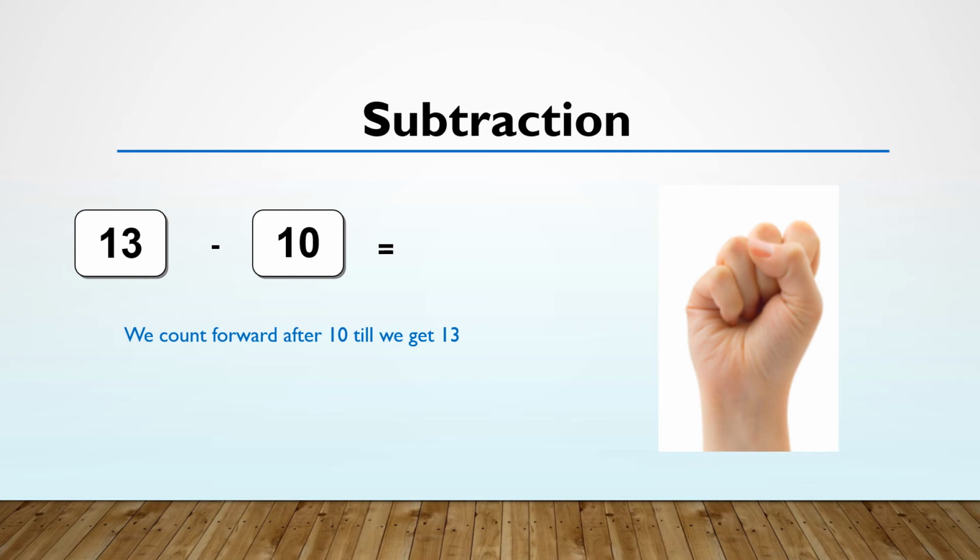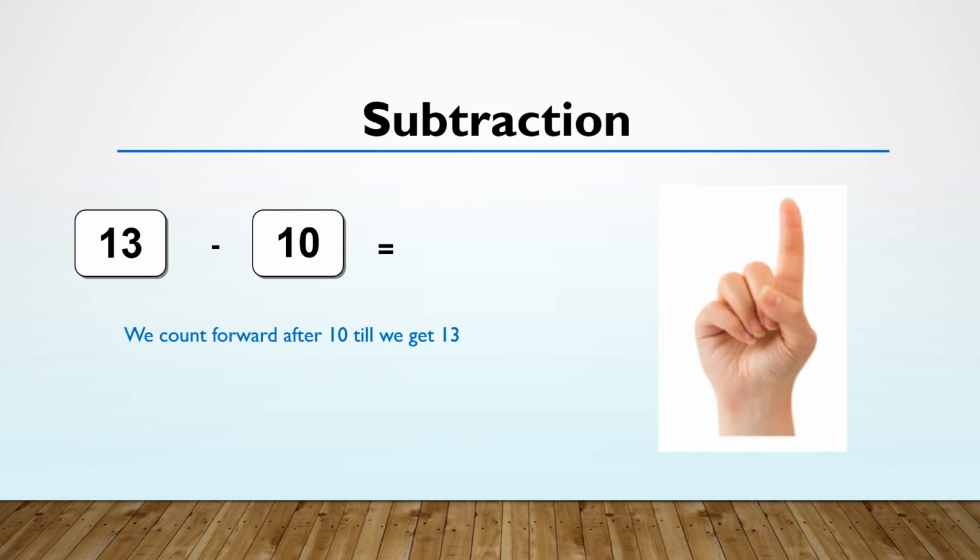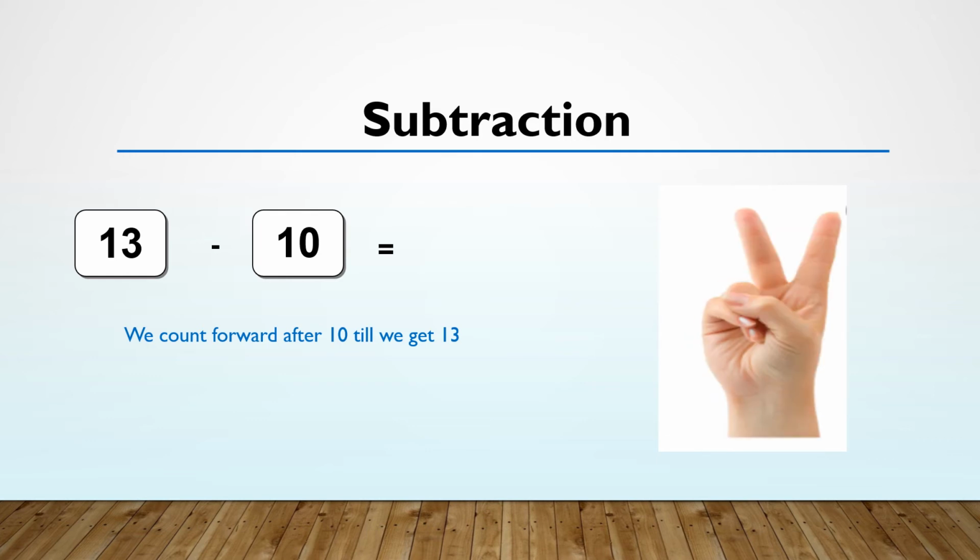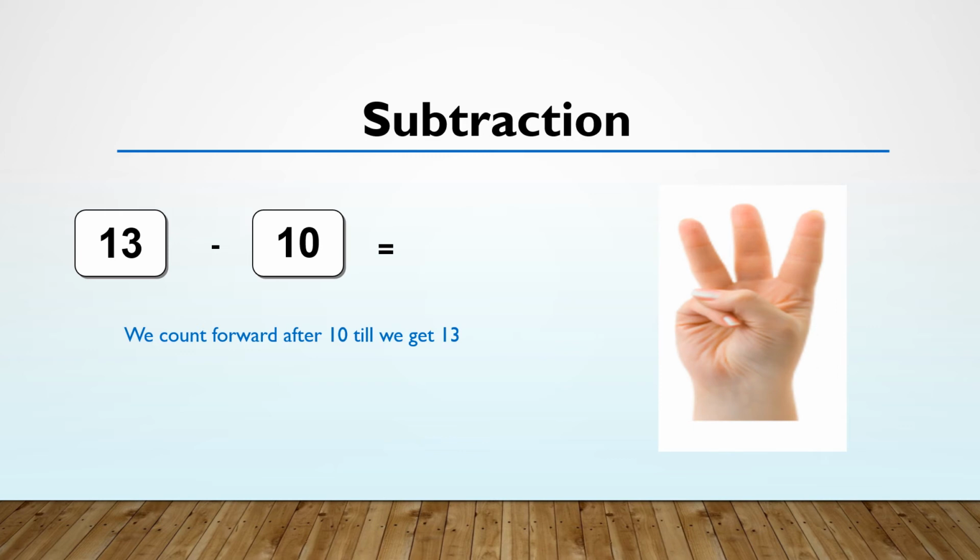We have to count forward after 10. 11, 12, and 13. We have opened 3 fingers as we counted after 10 to get 13. So, our answer is 3. We can read this as 13 minus 10 is equal to 3.